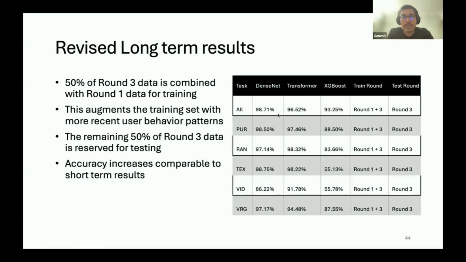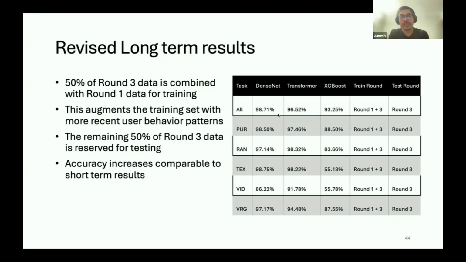But when we mixed round 3 data into the training data, we saw an increase in the accuracy of the user prediction. We again got 98%. We did not mix and match the testing, though.